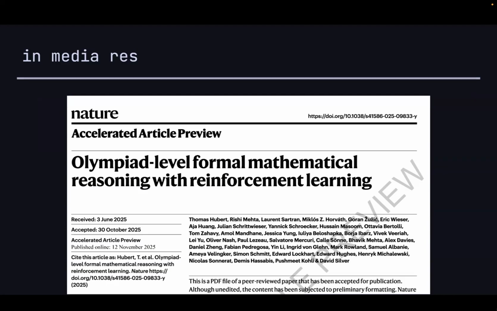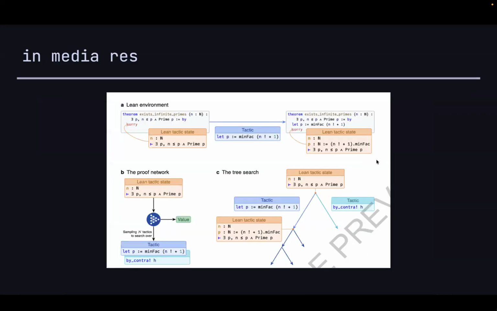Originally, I was going to present different work from Kimi on the same topic, but because AlphaProof is the more engineering-wise interesting paper, I've decided to pivot to it because it goes into a lot more detail into how they've handled their reinforcement learning pipeline as well as how they handle the specifics of the Lean language. Here is a brief overview of what AlphaProof is going to be, and we're going to basically cover the specifics of it as we go along.